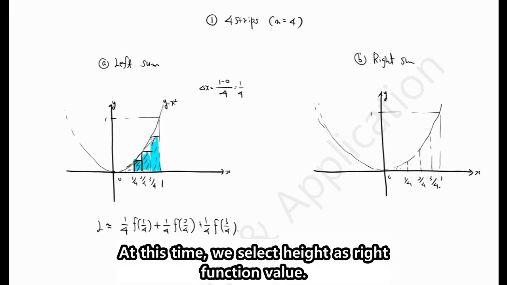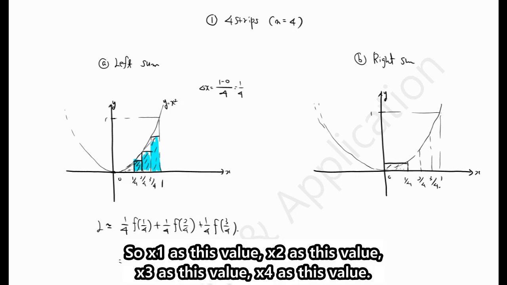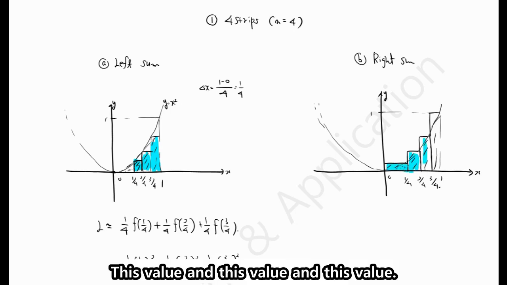At this time, we select the height as the right function value. So S1 is this value, S2 is this value, S3 is this value, S4 is this value. This is the area sum.